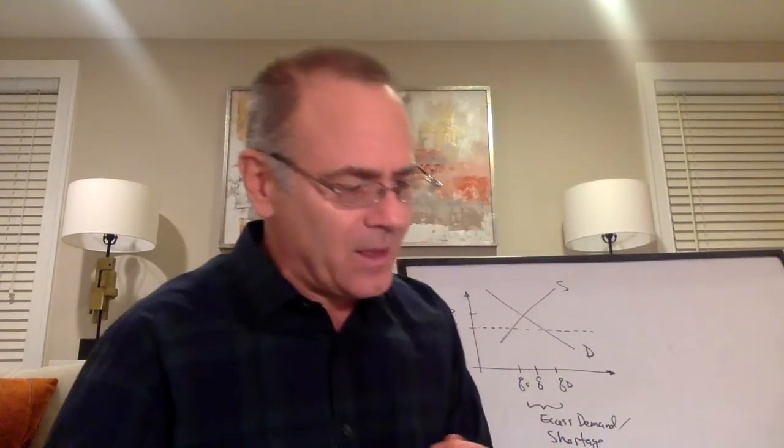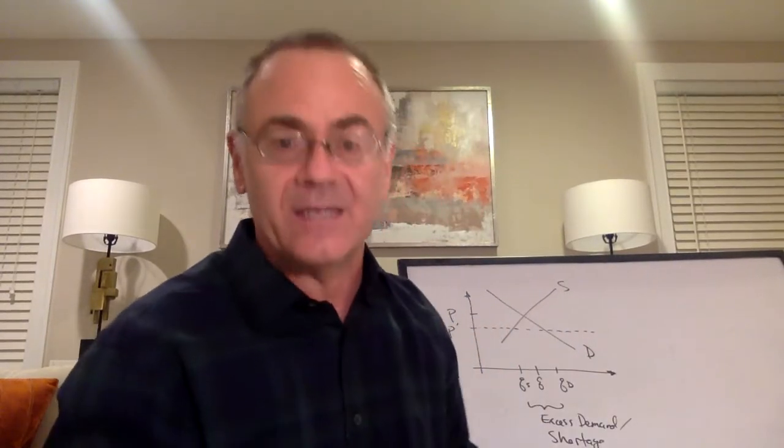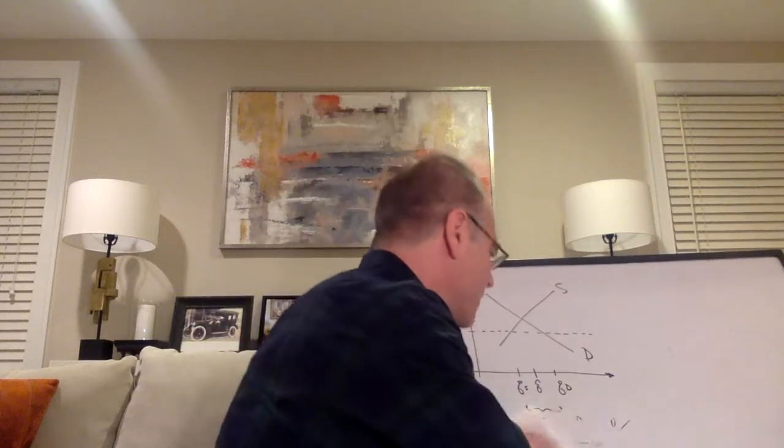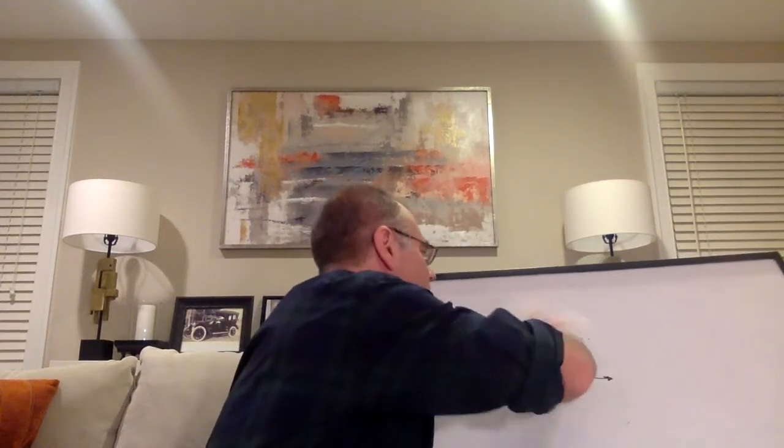The biggest example of a price floor, though, is minimum wage. Now I think it's 2020, and I think 7.25 is the current minimum wage. Let's do an economic analysis of what happens when you have a price floor, such as the minimum wage.